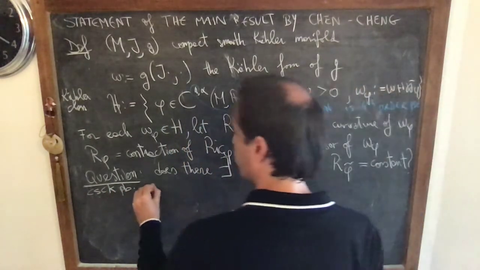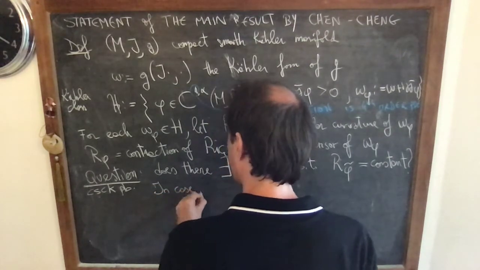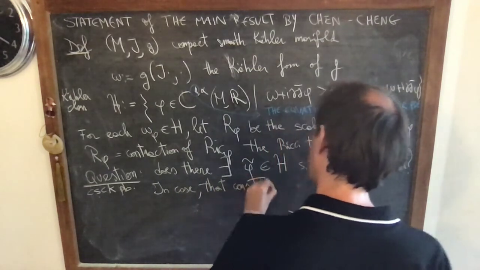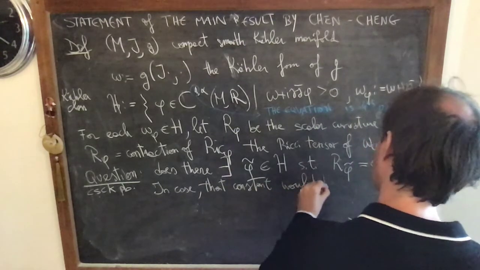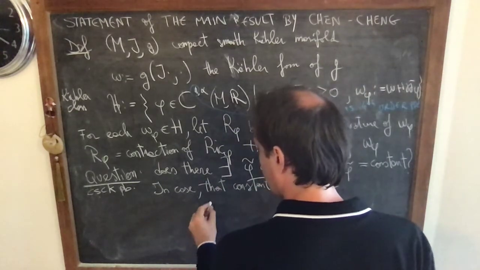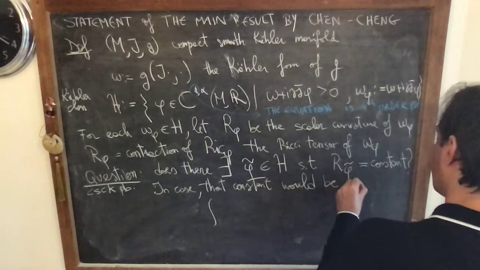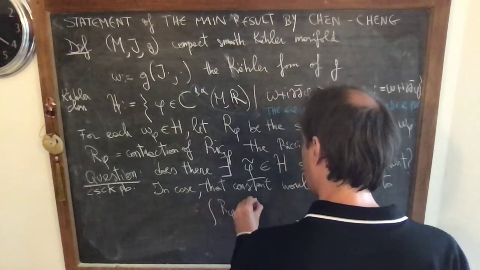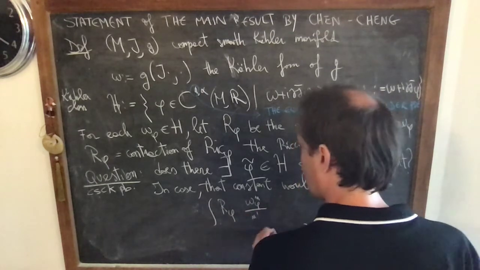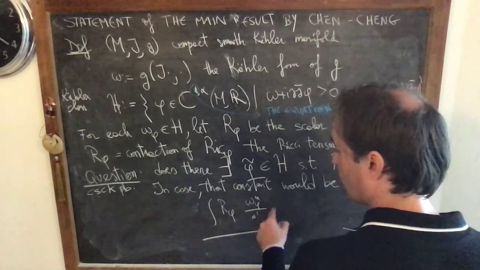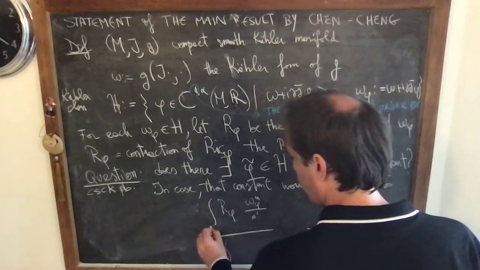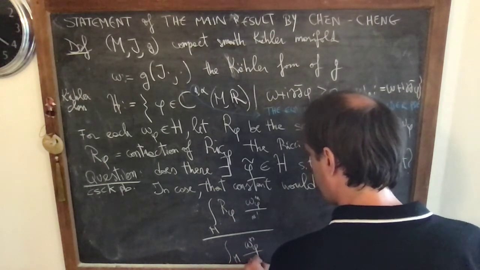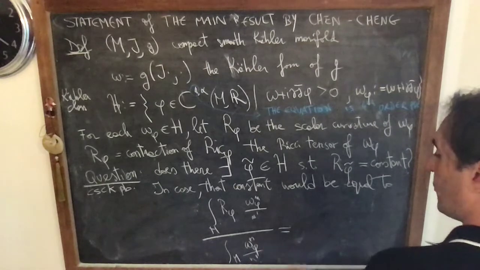In case that constant would be equal to the integral of R_phi over the volume form induced by the metric omega_phi, over the volume of the manifold with respect to omega_phi.